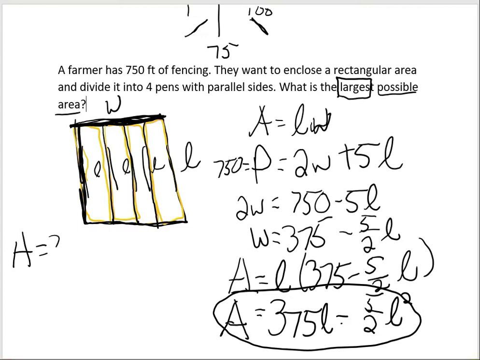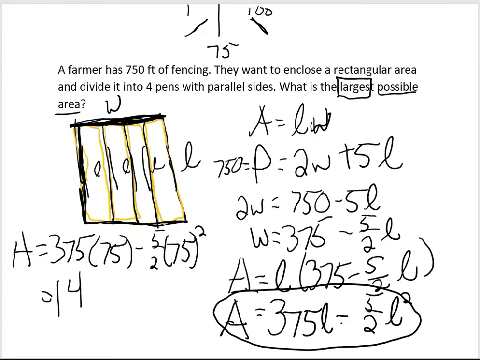So the area is 375 times 75 minus 5 halves, 75 quantity squared, which is going to be 14,062.5. And that would be square feet. So that's one example.